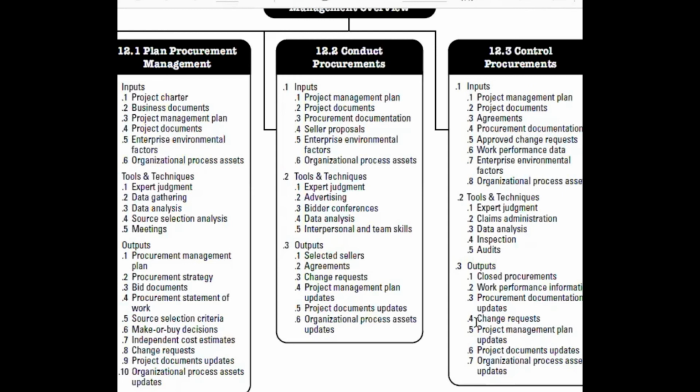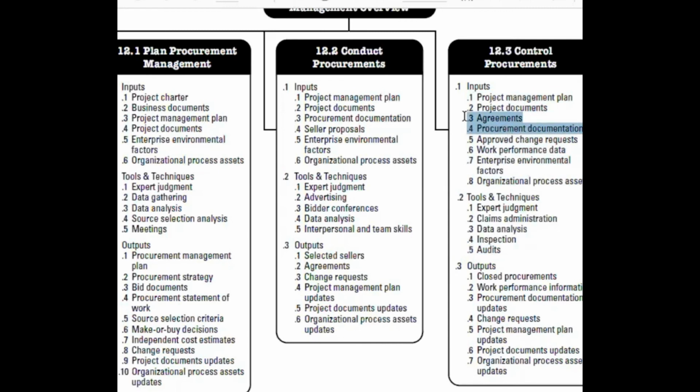And when we are going to control and close the procurement, we have to perform inspection. Inspection happens at the time of the product. You have a deliverable in your hand, and you will perform inspection. And you can also perform audits, that is, whether it is the same as according to the procurement documentation.